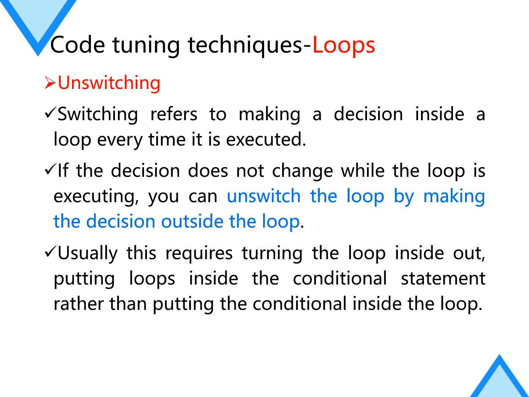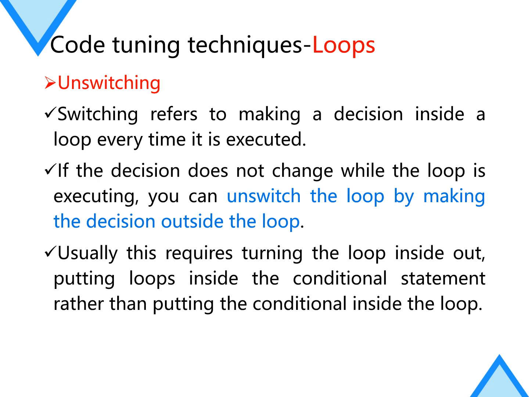Usually this technique requires turning the loop inside out, putting the loop inside the conditional rather than putting the conditional inside the loop. In a switched loop, you put the condition inside the loop, but in unswitching you put the loop inside the condition.